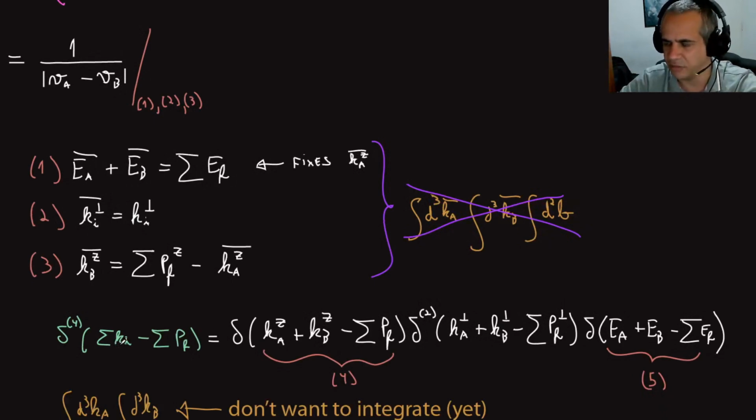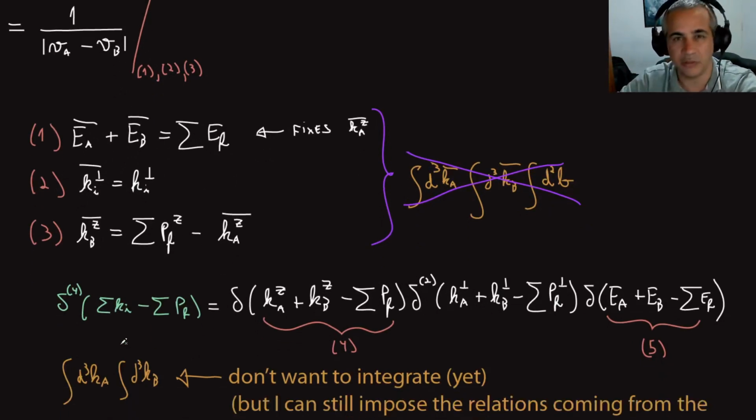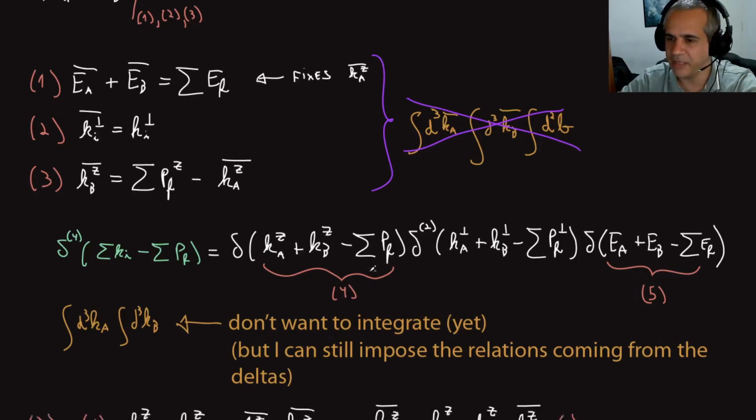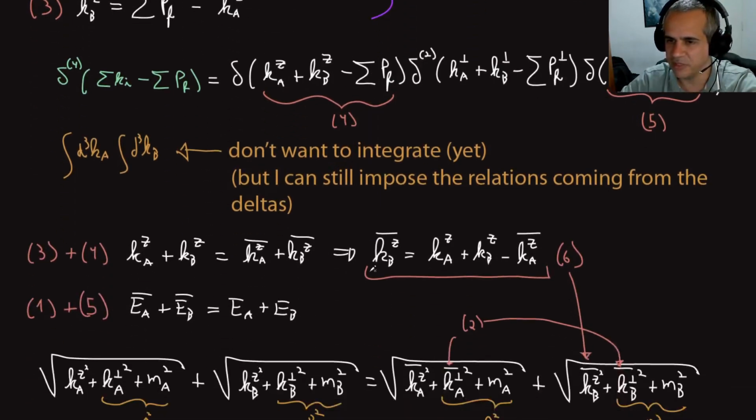Even if I don't integrate, I can already impose that on the rest of the expression, because eventually I'll have to integrate in that, right? And that condition can be used, so I'm using these 3, I'm calling this one 4 and this one 5, and by combining those, I can simplify the condition for KBZ and KAZ, which is done here.